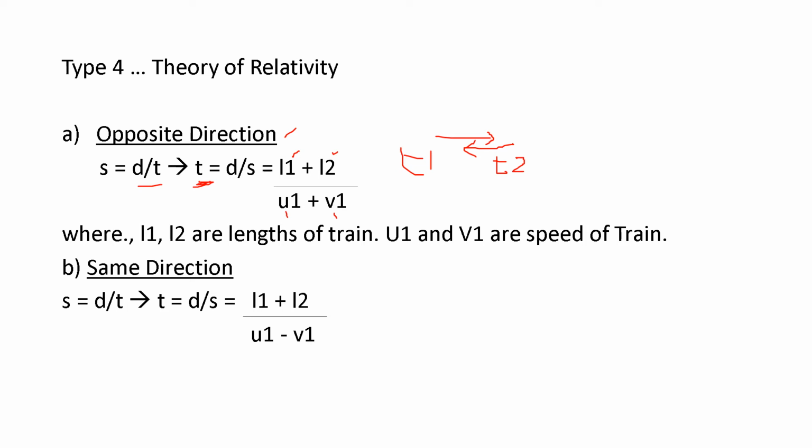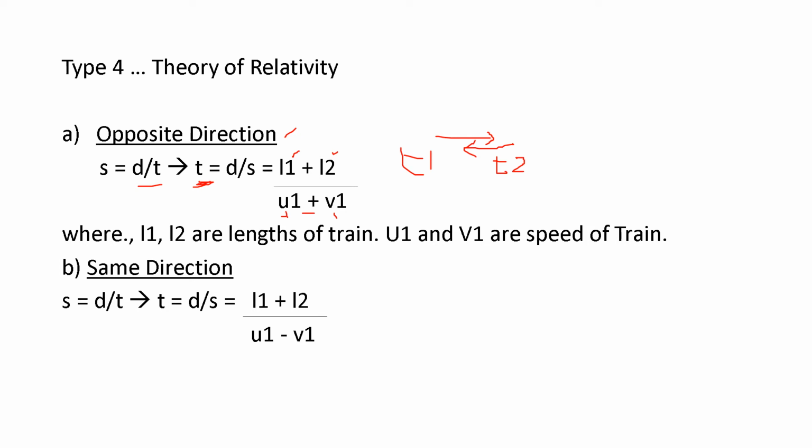That is a fact. That is why U1 plus V1. So if the trains are moving in opposite directions, the speed will be the speed of first train plus the speed of second train. So while calculating, we have to take this. And as usual, distance is length of first train plus length of second train.